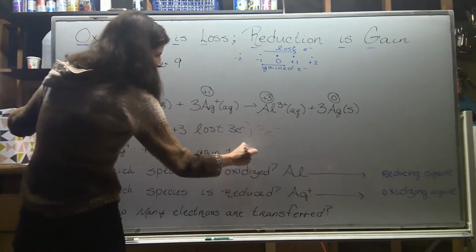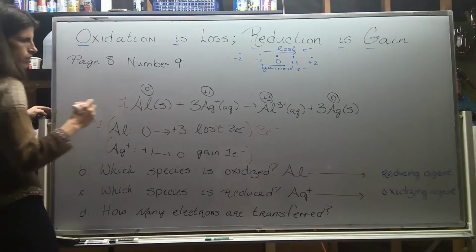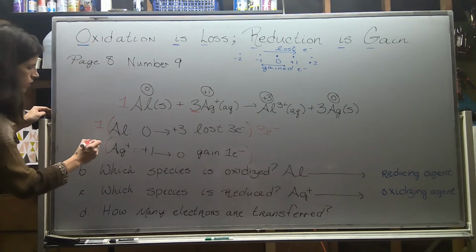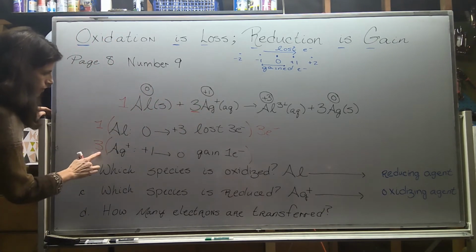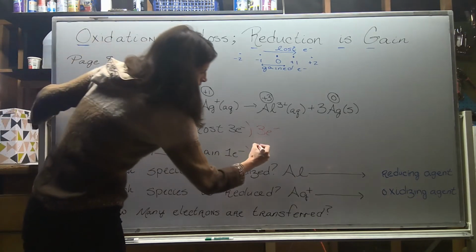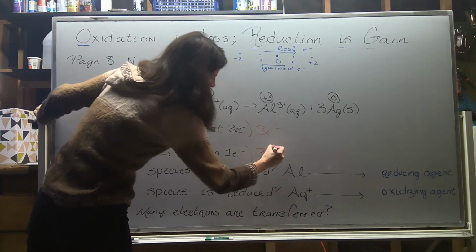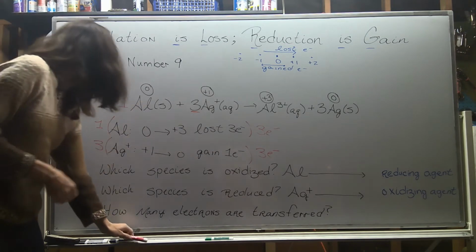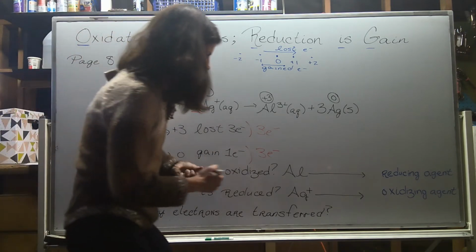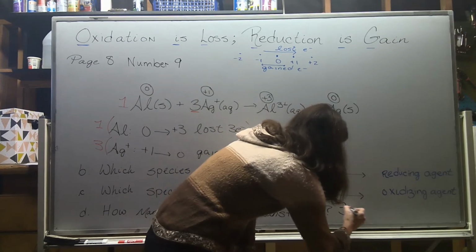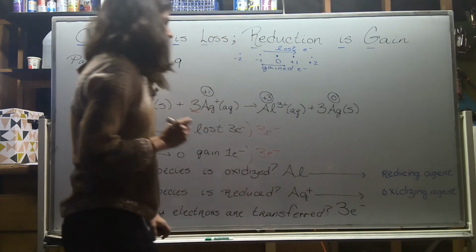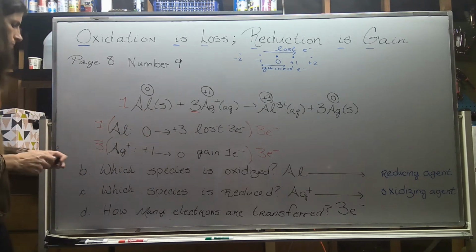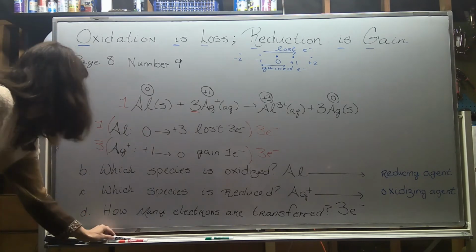If you're balancing, and I asked you about silver, you'd see this coefficient and you'd say, I have 3 silvers. So we're going to do 3 times 1, and that's going to give me 3 electrons. Remember, those two numbers need to match. If they don't, then try again. Erase your work and try it again. But therefore, I know I have 3 electrons transferred because they do match.